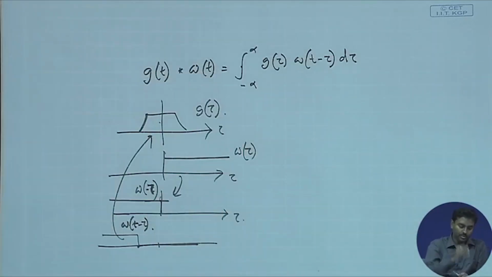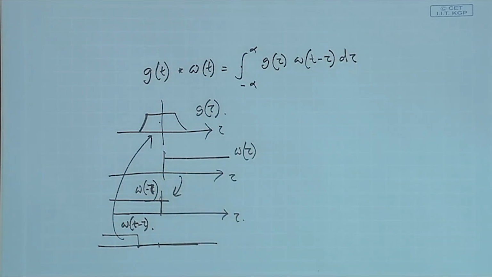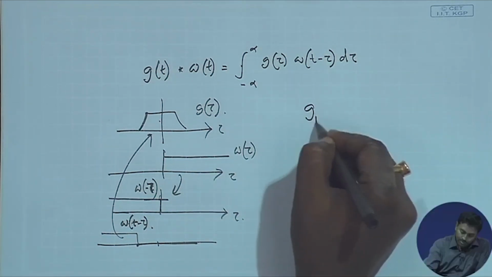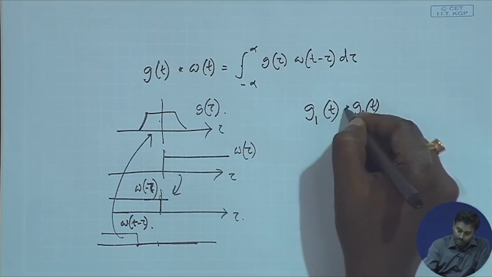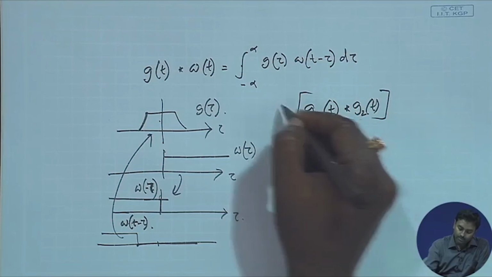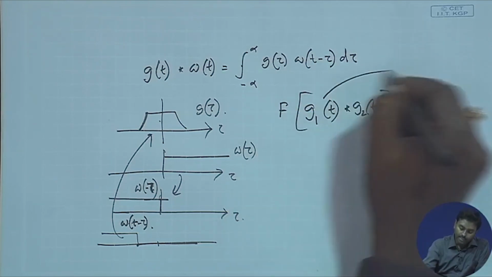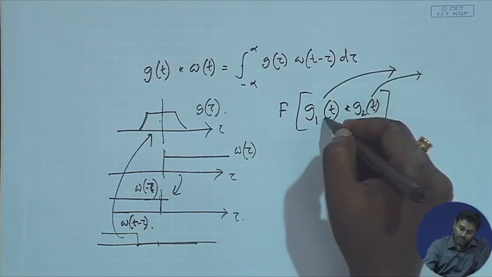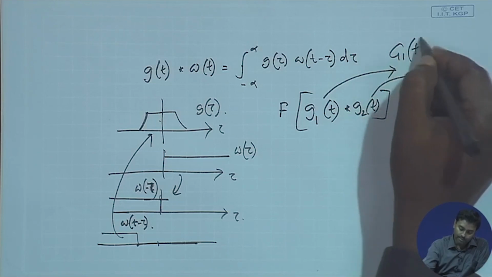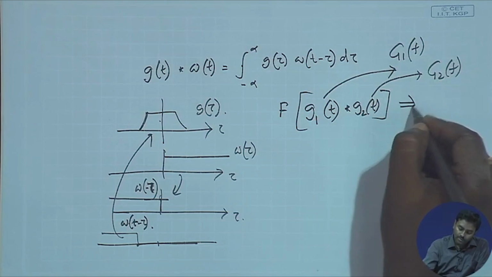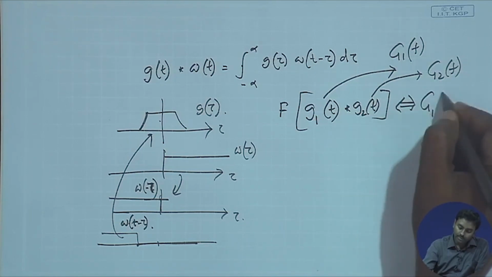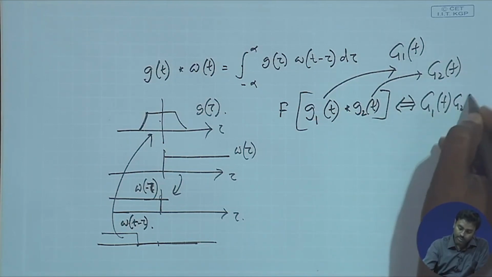So, this is called convolution, and there is a well known result in Fourier transform. I will give this as homework. You have to prove that if I have two signals g1(t) and g2(t), and I convolve them and take the Fourier transform, and I individually know the Fourier transform of g1(t), which is suppose G1(f), and of g2(t), which is G2(f), we can always prove that this should be G1(f) into G2(f).